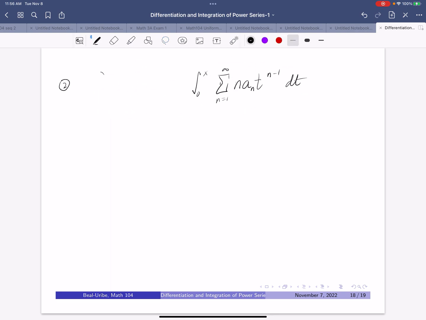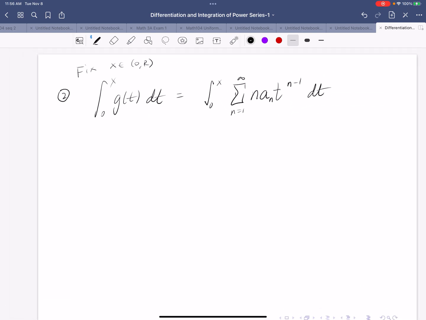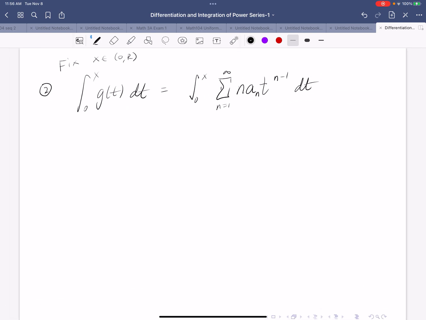So I believe this is the integral of g of t dt. So we're going to fix x in 0 to r, so that we're certainly dealing with a compact subset of our domain. Integrate term by term, and what am I going to get? Well, because my convergence is uniform, I can interchange these limits.